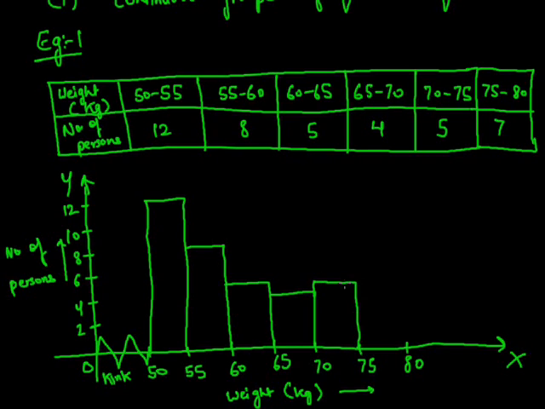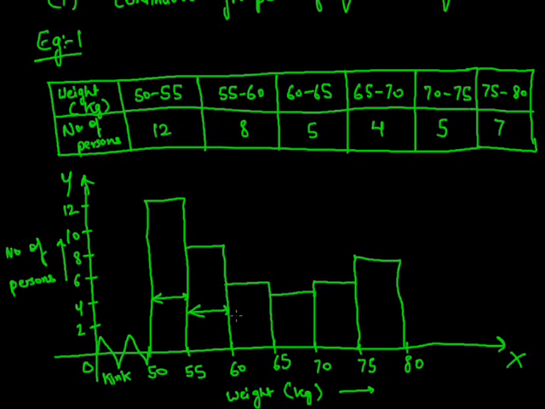And 75 to 80 is 7, which comes between 6 and 8. In this way we have to make the histogram on the basis of the data given. As you have seen, the class size is the same throughout, so we need to take the width of the bars the same throughout. If the class size is different, then this width will differ. But as the class size is the same, the width should be the same. In this way we make the histogram on the basis of the information given.